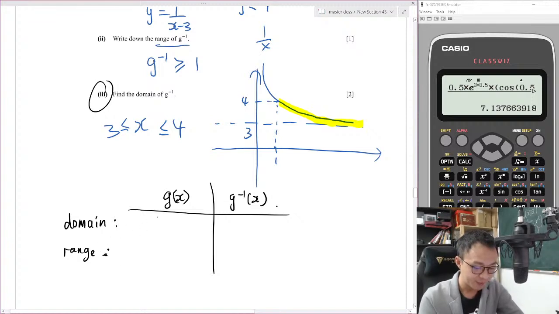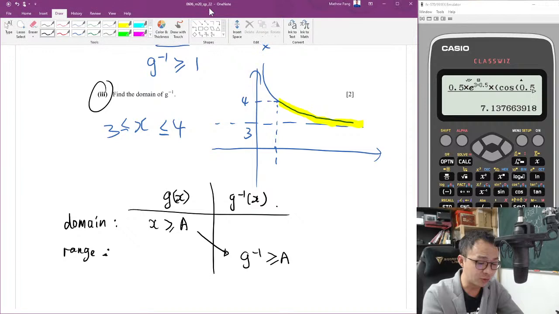Let's say for gx, the domain normally we write x. Let's say I write x is bigger or equals to a. It will be the same as the range of g inverse. But for g inverse you cannot write x anymore, because for range you cannot write x, so it must be g inverse bigger or equals to a. Okay, then I go to the range of gx.